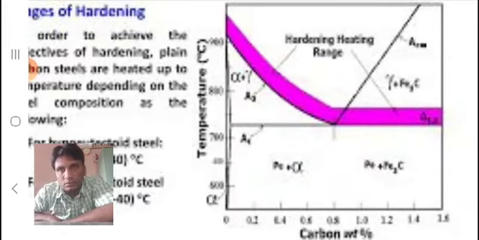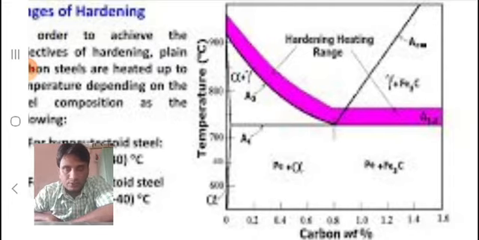If we do tempering in the range of 300 to 350 degrees centigrade after quenching the hardened steel, whatever martensitic structure we get because of the quenching process, the entire martensitic structure changes to fine bainite.